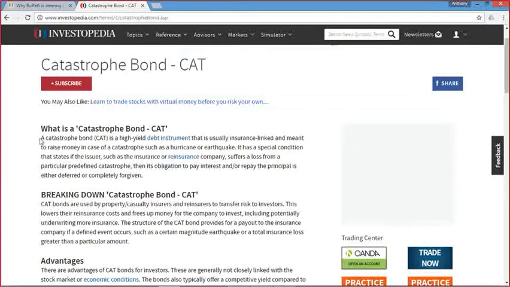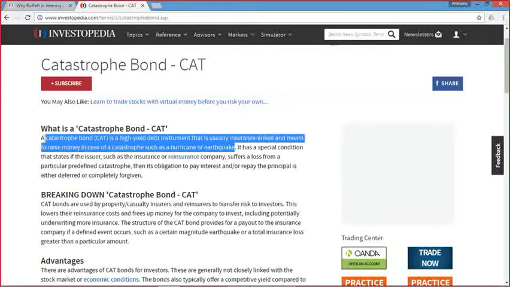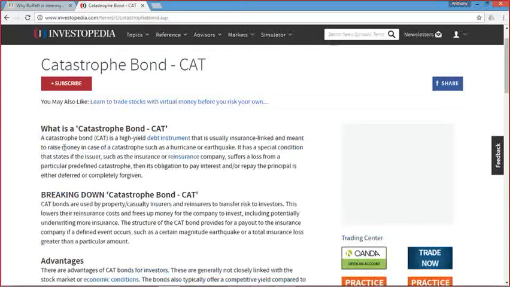Okay, so here's the definition according to Investopedia. A catastrophe bond is a high-yield debt instrument that is usually insurance-linked and meant to raise money in case of a catastrophe such as a hurricane or an earthquake. How about that, Melanie? My word.